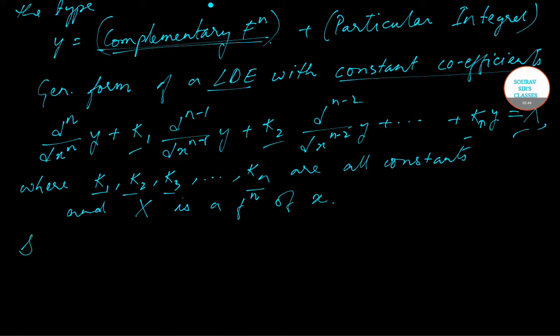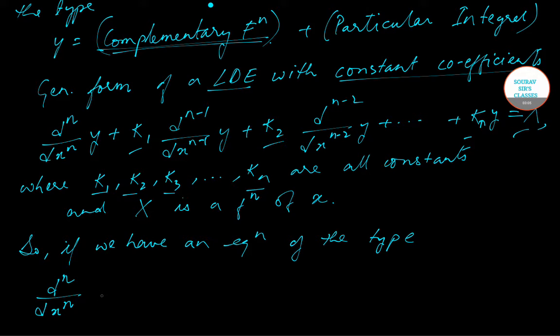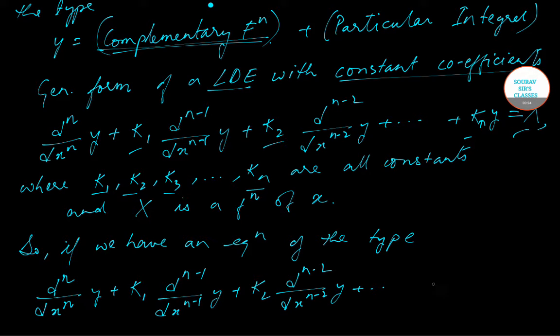So if we have an equation of the type d^n y by dx^n plus k1 into d^(n-1) y by dx^(n-1) plus k2 into d^(n-2) y by dx^(n-2) up till kn of y is equal to 0.